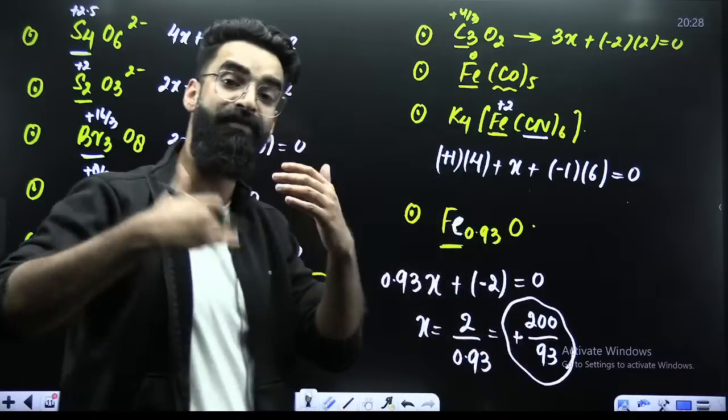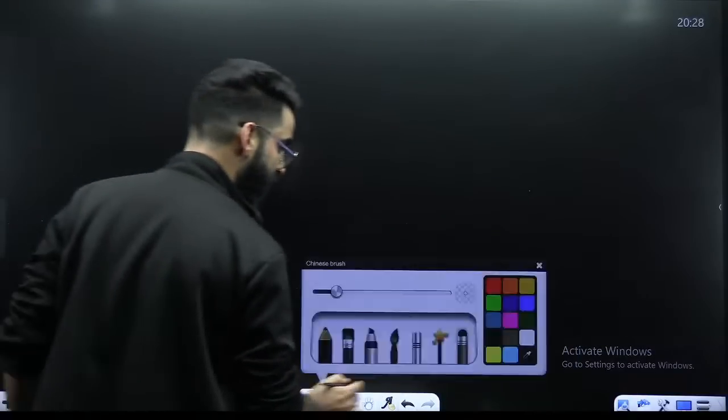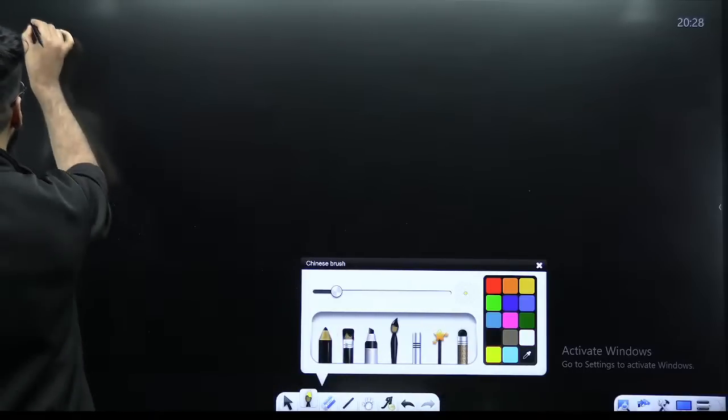But before talking about the average oxidation state, there is one more super important statement which you need to know. What is that? I'm writing it over here.